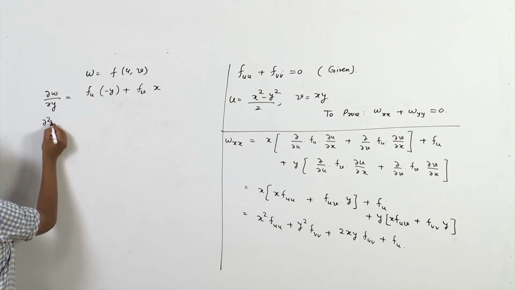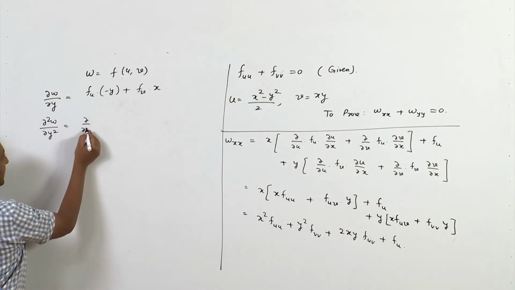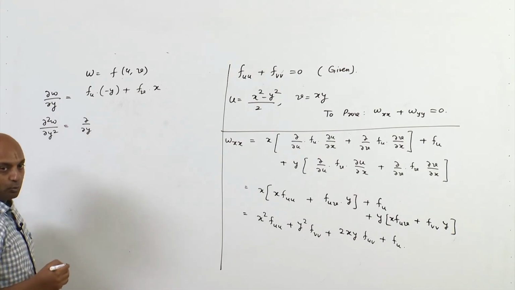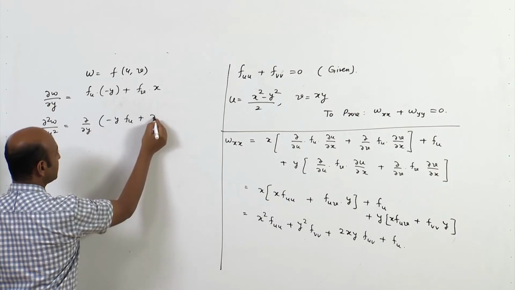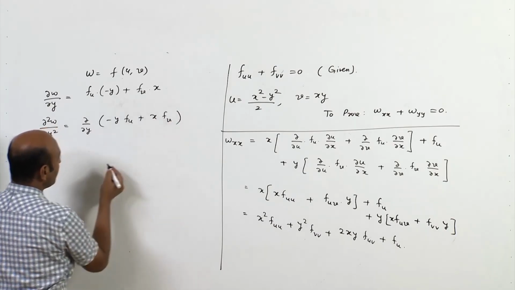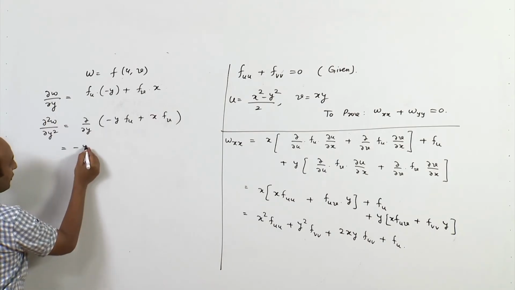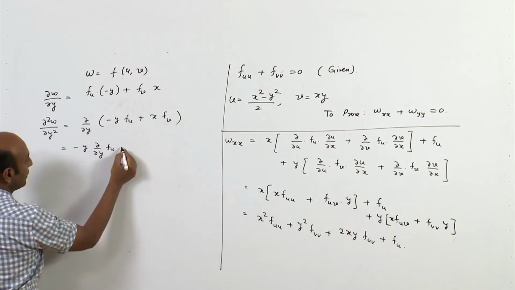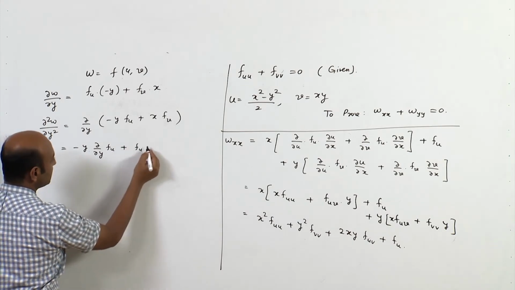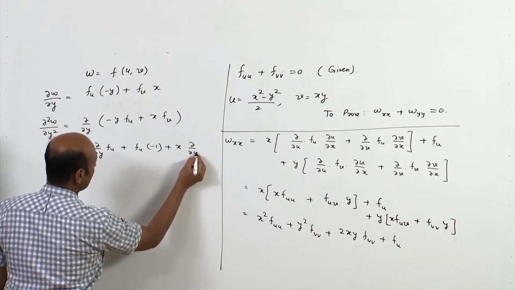Now del square w by del y square, which is del by del y of w y, which is minus y f u plus x f v, you apply the product rule here, it is minus of first as it is del by del y of f u plus second as it is derivative of first, plus x del by del y of f v.